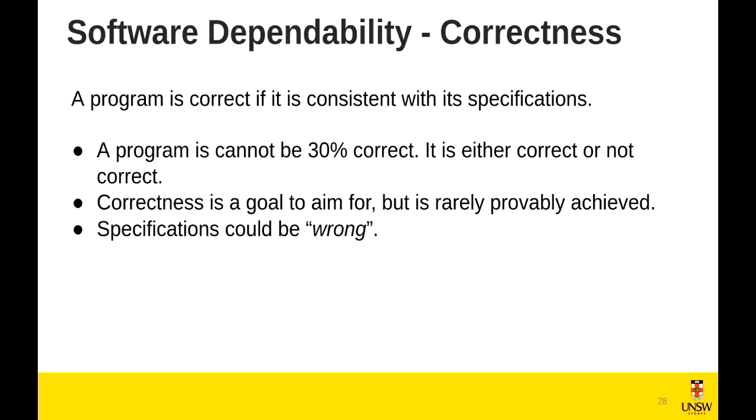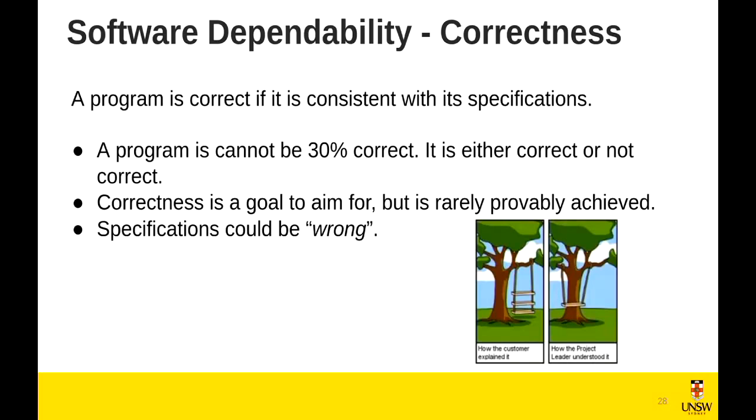So if you have taken the requirement engineering course here, you may know that the requirement engineering is difficult because sometimes the customer cannot tell you exactly what they want, and the project manager could not interpret correctly what the customer wants. And there's a series of these images, and eventually the developer is developing something totally different from what the customer wants.